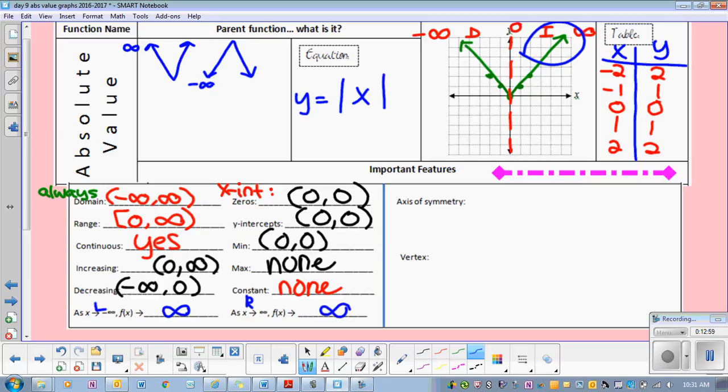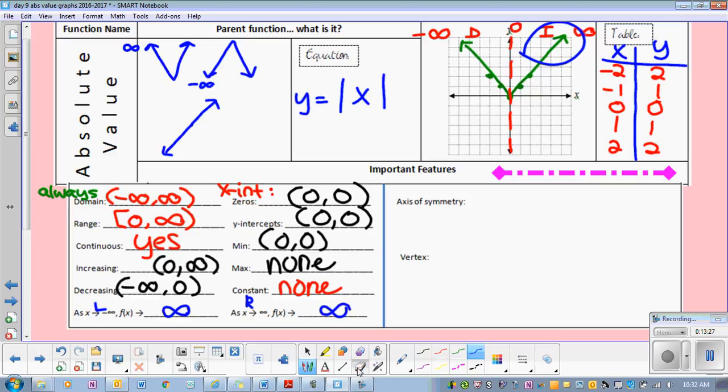They should, or else it wouldn't look like a V anymore. If one was going down and the other one was going up, what does it look like? It looks like a line. It doesn't look like an absolute value anymore. Does that make sense? Absolute value, your end behaviors are doing the same thing.